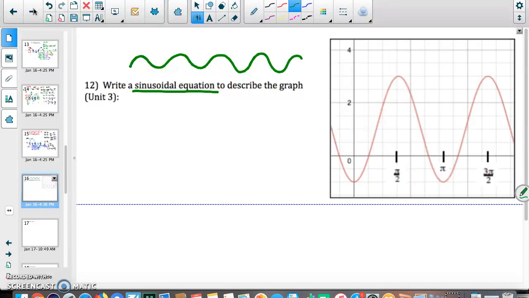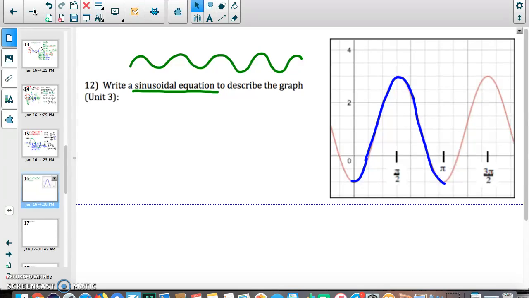Graphs that look like this can be a sine or a cosine, right? So I see a cosine right here. This is a flipped cosine. I see a sine starting about right here in green. So there's sines and cosines in this graph. So it's just depending on what you prefer.